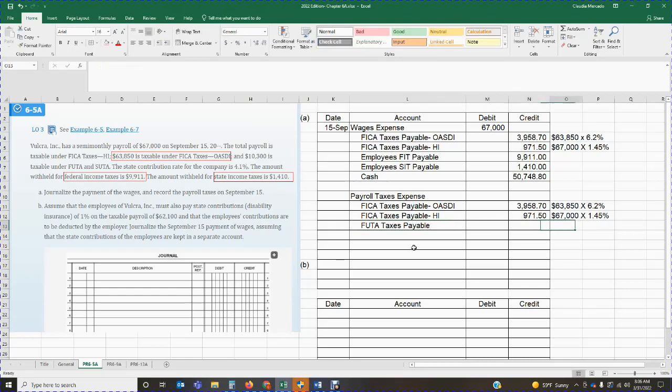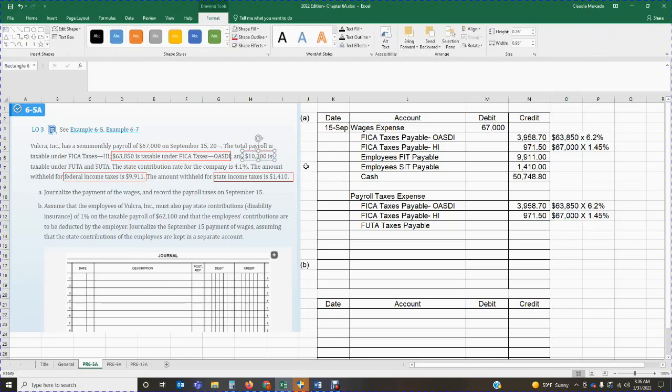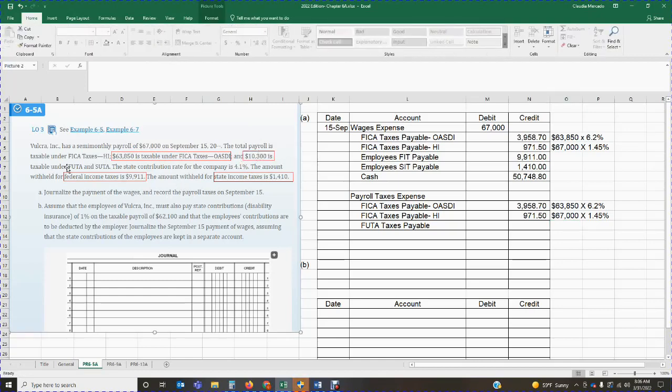Now if we recall, when we covered our state and federal unemployment taxes, we know that here in the problem it says that the payroll 10,300 is taxable for FUTA and SUTA. Okay, so my taxable base is 10,300. My FUTA rate is 0.6%.